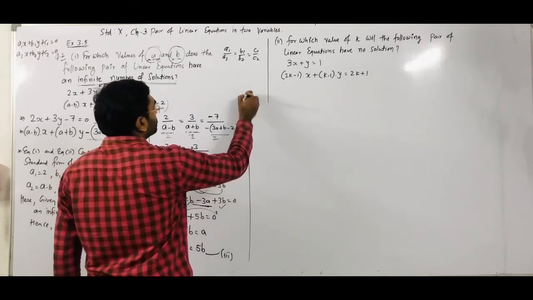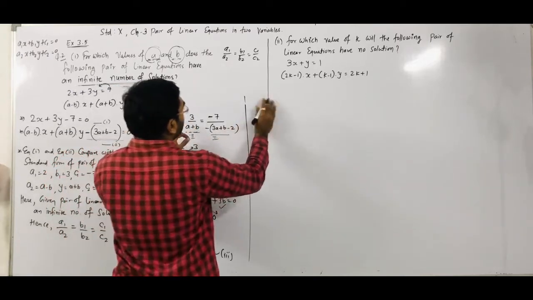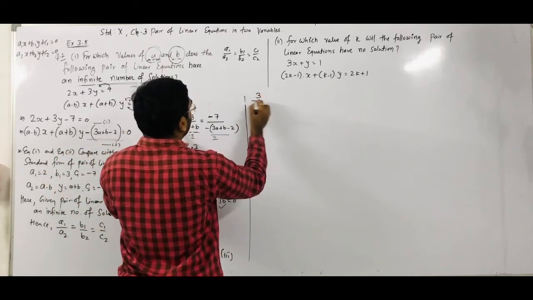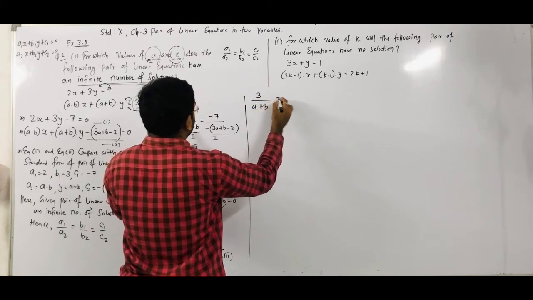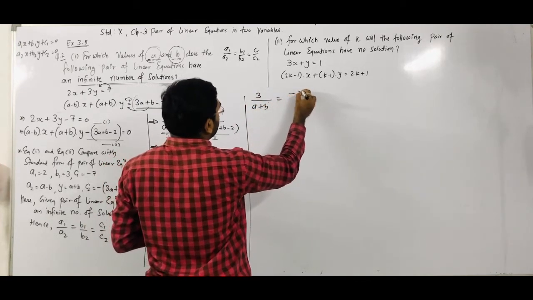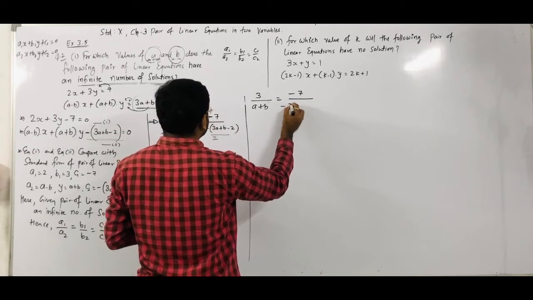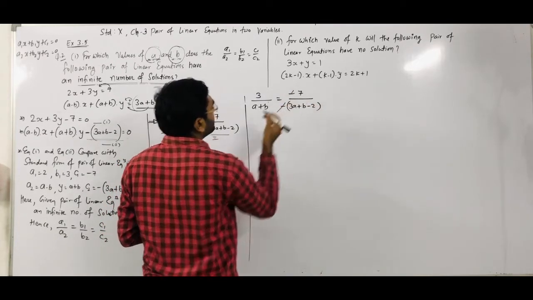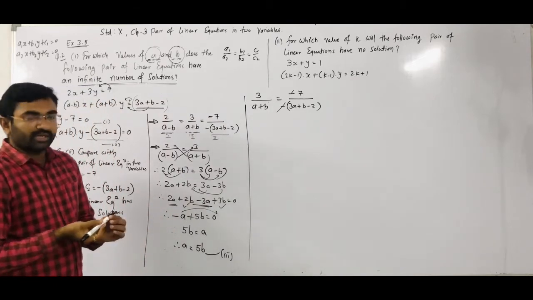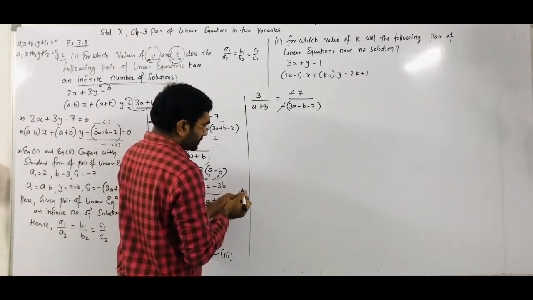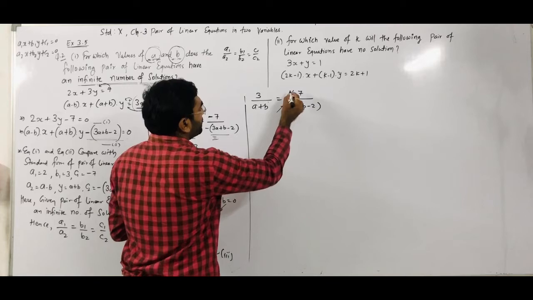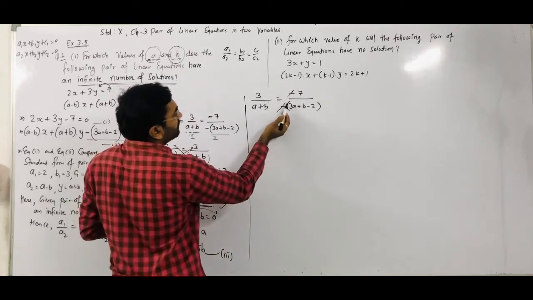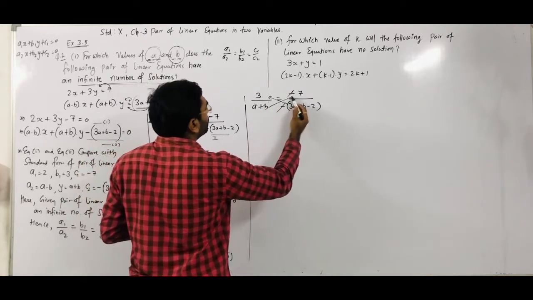Second term is 3/(a + b), and third term is -7/(-3a + b - 2). Here the minus sign is cancelled out because the numerator and denominator both have the same sign. Right? Now whatever the remaining terms, we have to do cross multiplication.